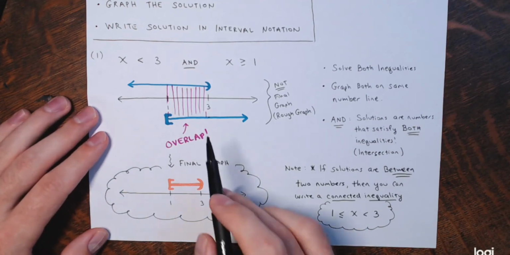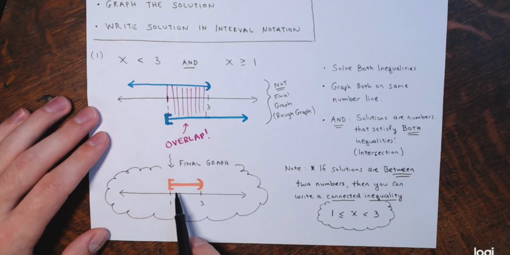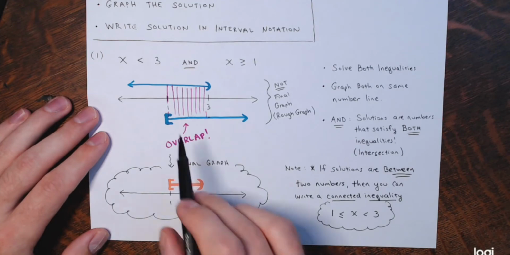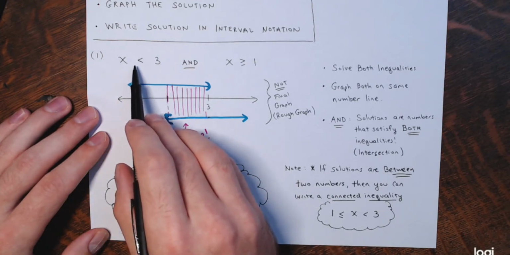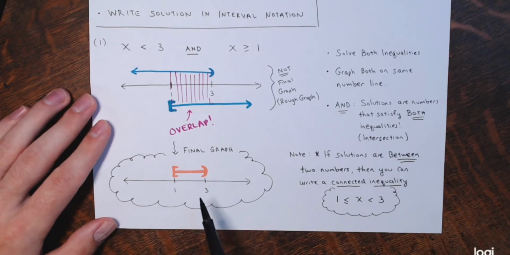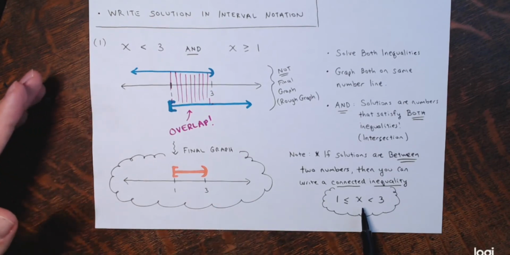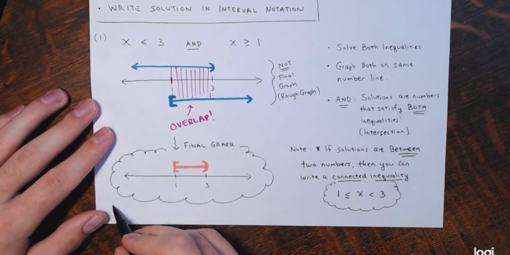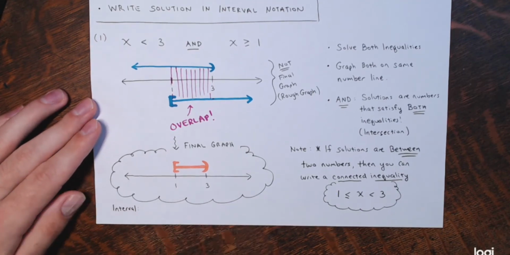So I have the solutions, great. The numbers between 1 and 3, including 1, right? 1 satisfies both, but not including 3, right? 3 doesn't satisfy this first inequality here. I've got the graph. I can write it as a connected inequality if I wish, because our solutions are between 2 numbers. And then finally, we're asked to put the solution set in interval notation.